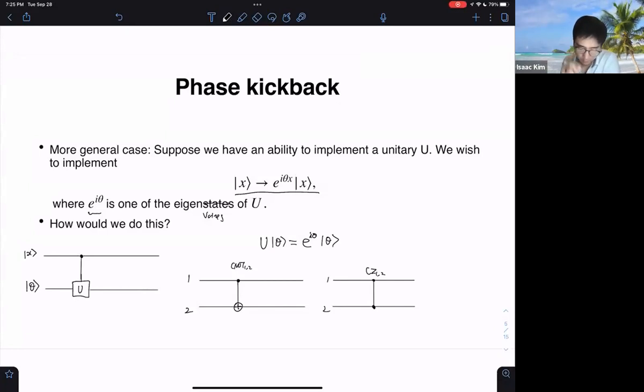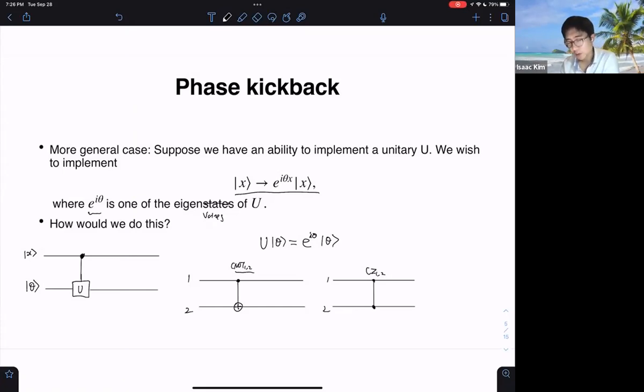And in all these diagrams, when you have a dot, it means that this is controlling the other register. So for the case of C-NOT, if qubit 1 is in the 0 state, you do nothing. If the qubit 1 is in the 1 state, then you apply a NOT operation.